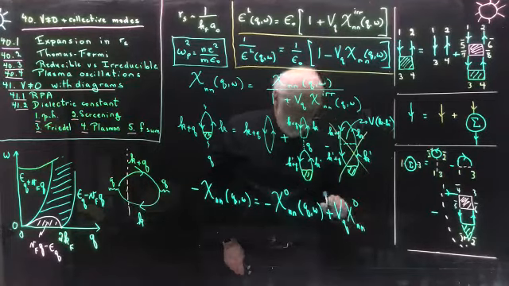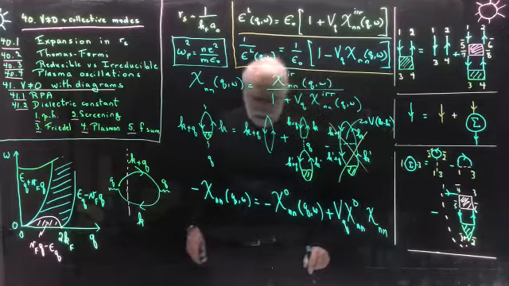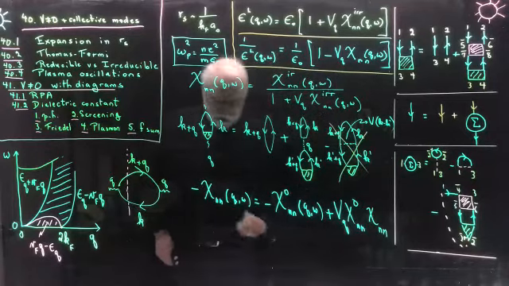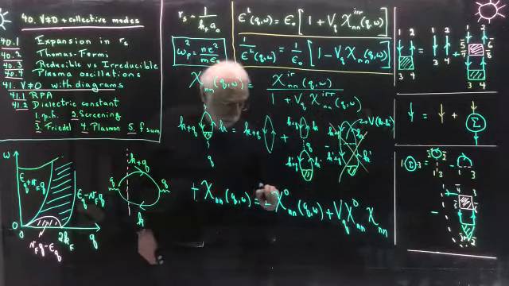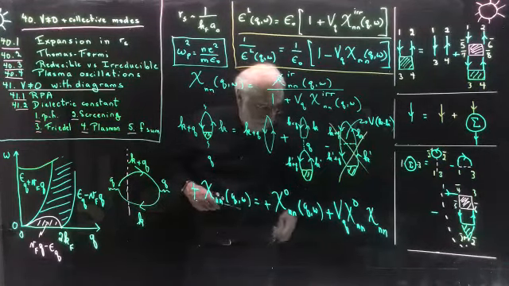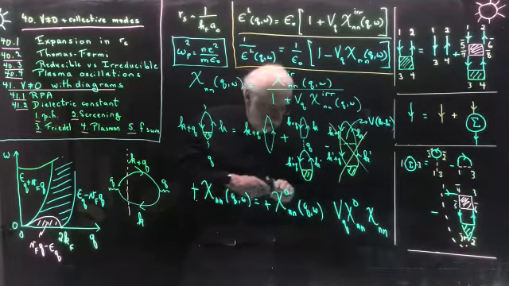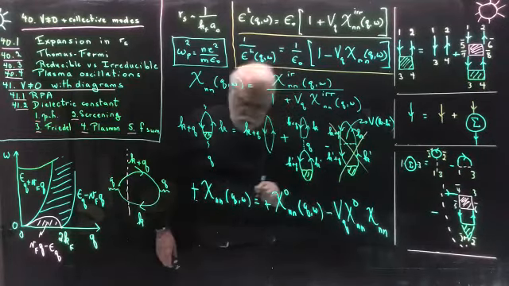I won't write the q and omega because I'm running out of space, times the chi_n. You see where I'm going now?